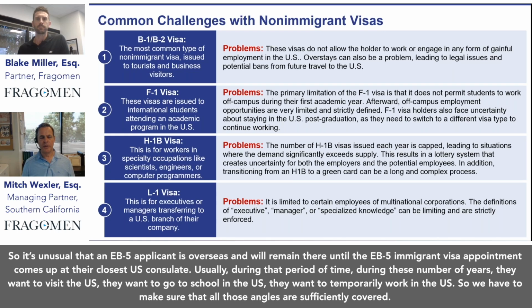It's unusual that an EB-5 applicant is overseas and will remain there until the EB-5 immigrant visa appointment comes up at their closest U.S. consulate. Usually during these years, they want to visit the U.S., go to school in the U.S., or temporarily work in the U.S. So we have to make sure all those angles are sufficiently covered.